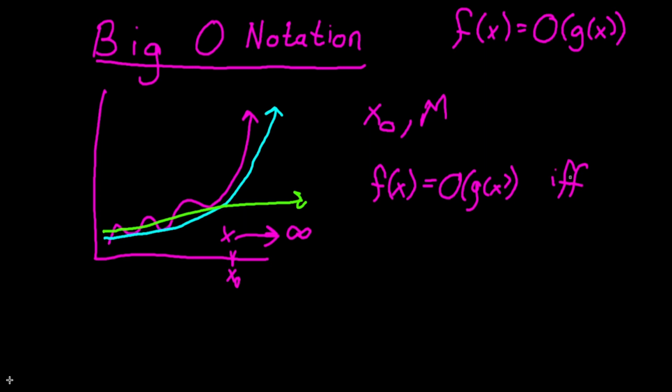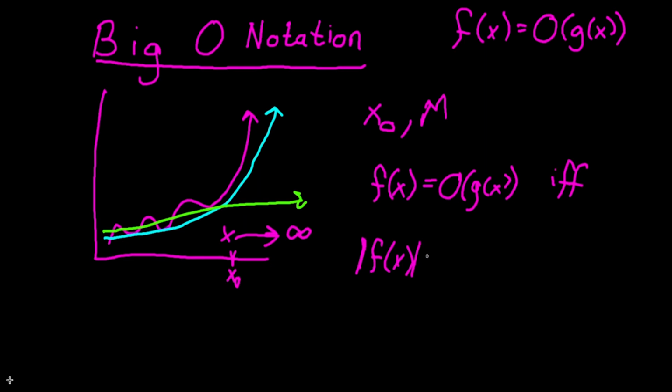If and only if. Well, what do we want to say? Well, for computer scientists, you're only going to be working with positive valued functions, but just to be safe, let's take the absolute value of f of x.